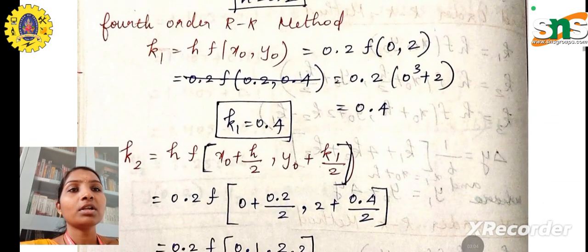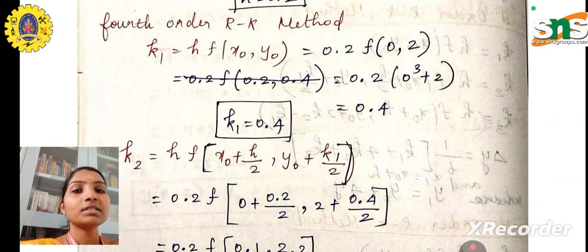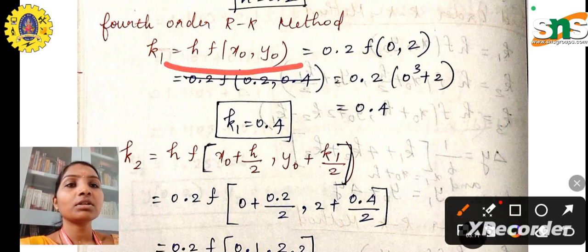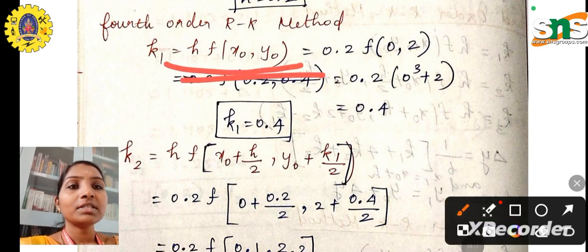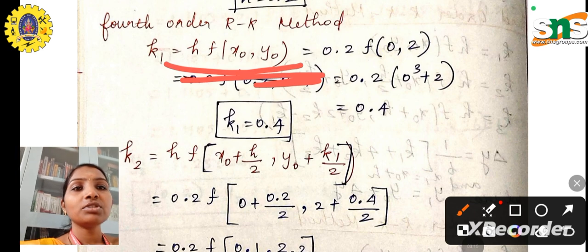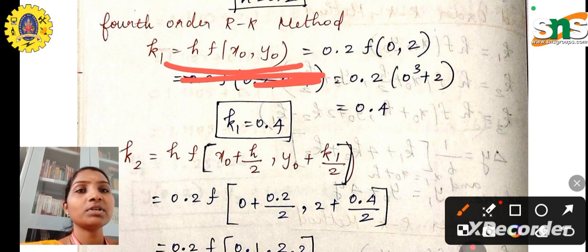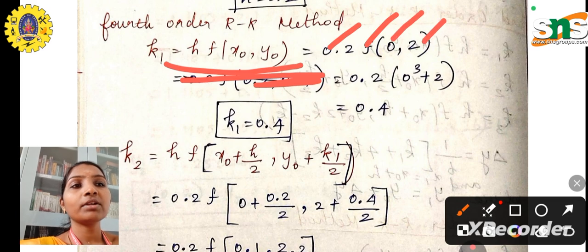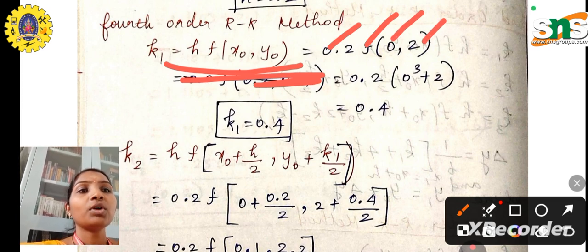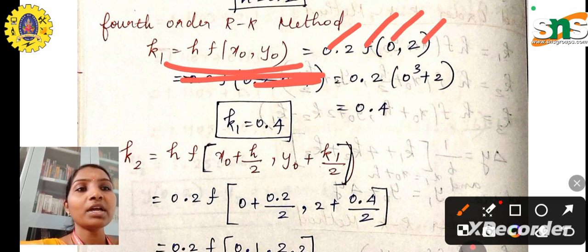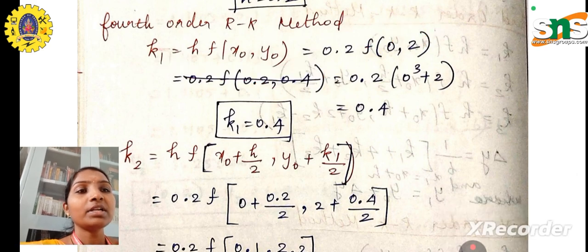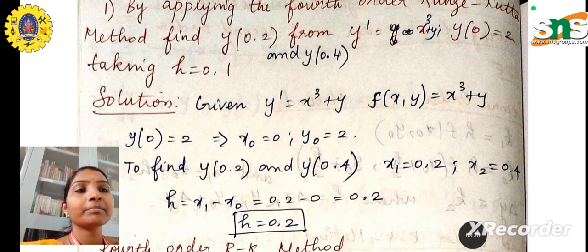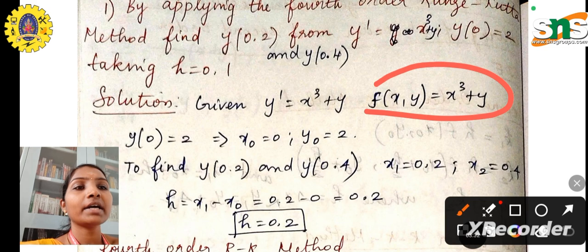What is our fourth order Runge Kutta method's first step? As discussed in the previous video, k1 is equal to h into f of x naught comma y naught, which is equal to, what is h? H is 0.2, and x naught is 0 and y naught is 2, so f of 0 comma 2. We already have f of x comma y as x cube plus y.